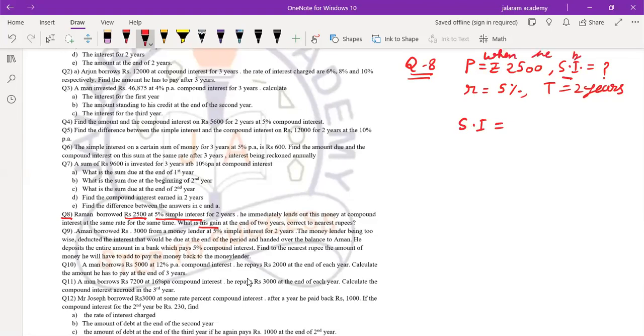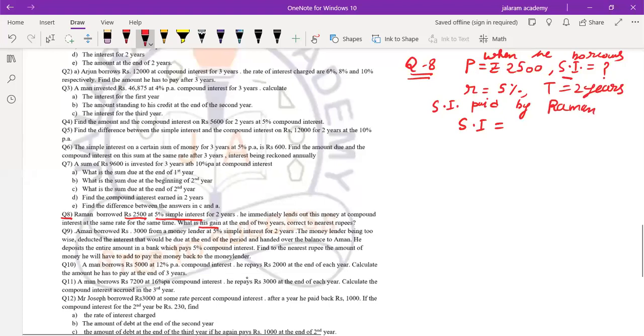When he borrows, he has to pay simple interest. So we write simple interest paid by Raman.